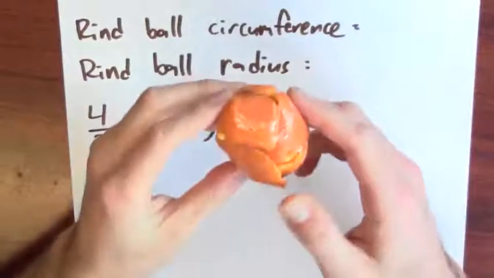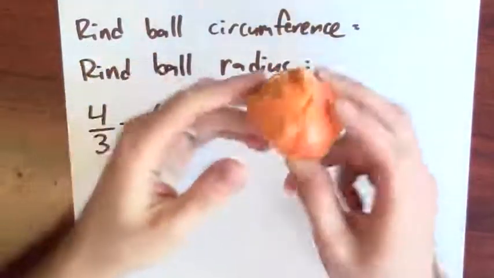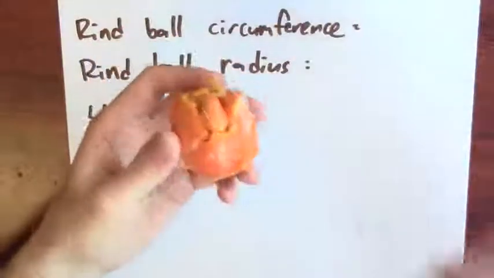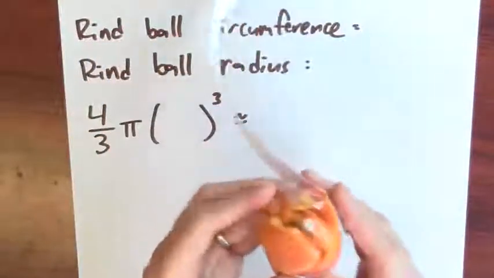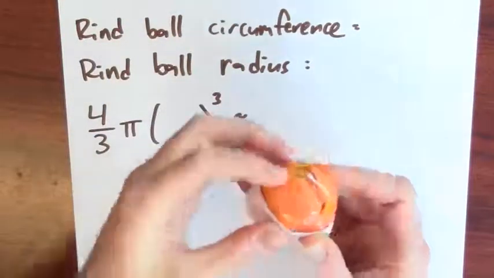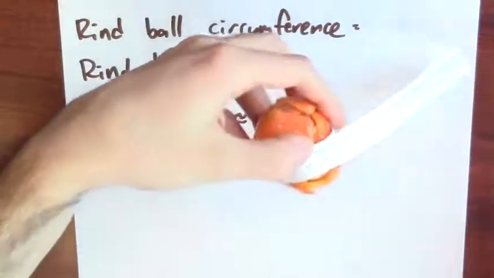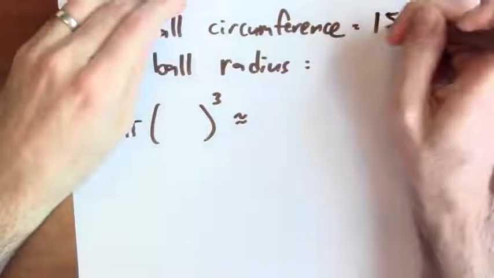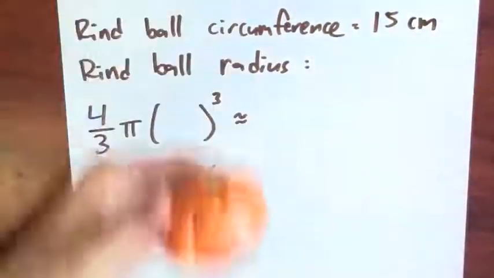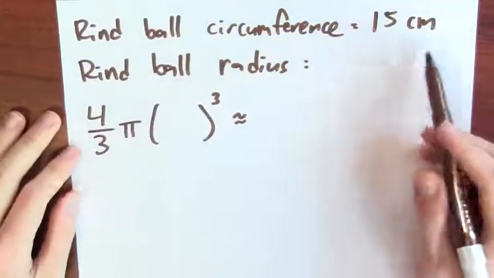I want to compute the volume of rind, and I made that rind ball here. Let me compute the circumference of this rind ball. It's about 15 centimeters. So the circumference of my ball of rind is about 15 centimeters.